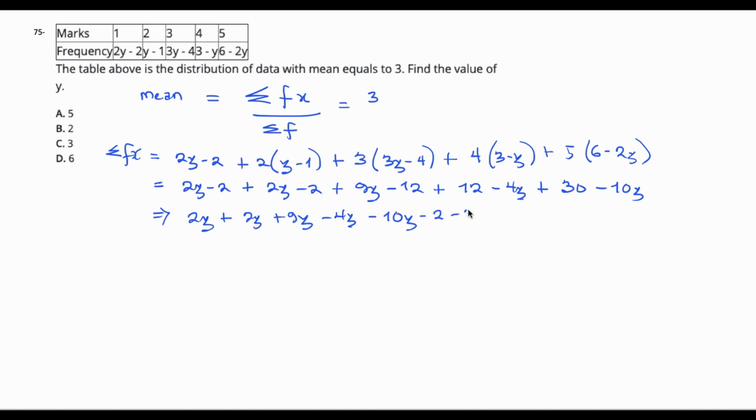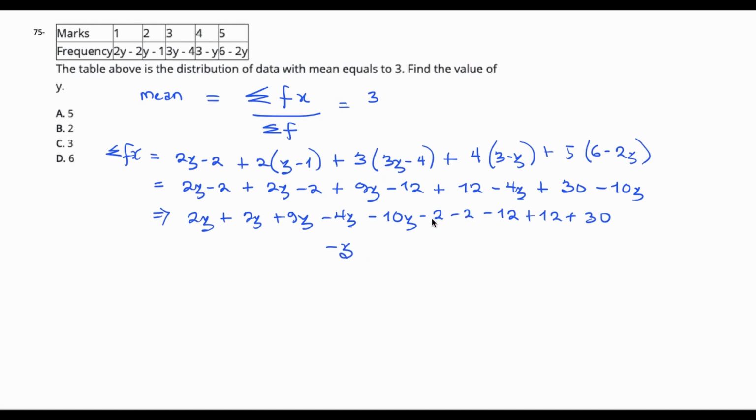So 2y plus 2y equals 4y. 4y plus 9y equals 13y. 13y minus 4y equals 9y. And 9y minus 10y equals minus y.